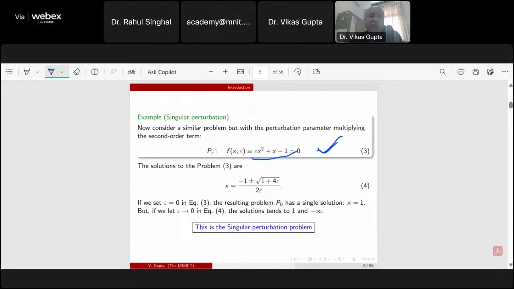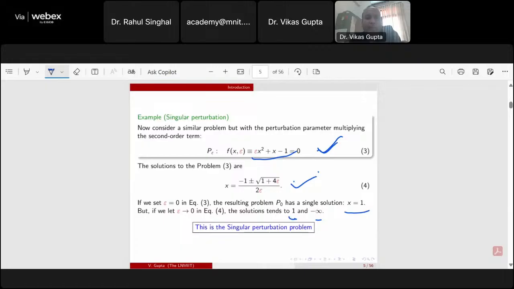And here you can notice that this problem P naught has only a single solution, which is x equal to 1. While if you let epsilon approach 0 in equation number 4, equation number 4 gives the roots of this algebraic equation. So you can see x approaches 1 and minus infinity.